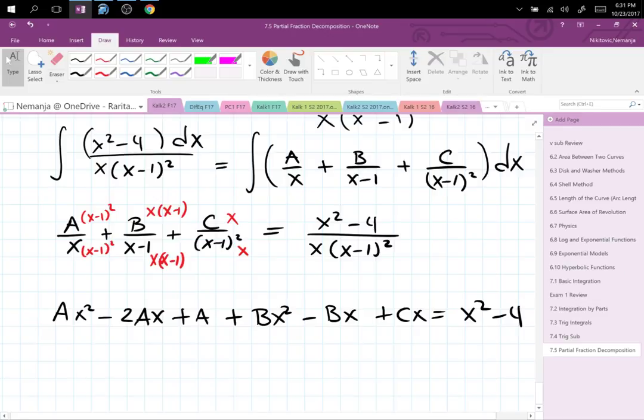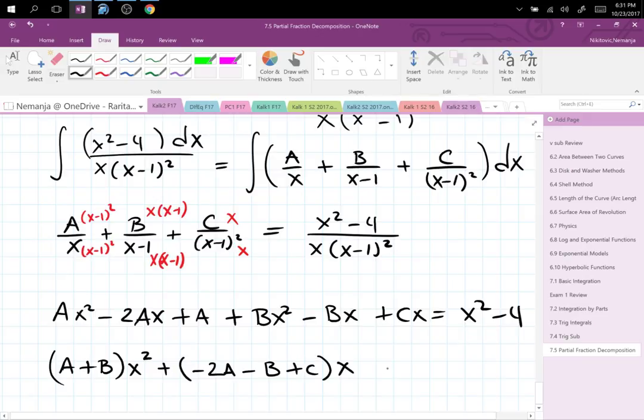So now we pull A plus B together because those are the coefficients of x squared. Plus, then we pile up all x coefficients, which is minus 2A minus B plus C times x. And finally we have plus A. Nice. x squared plus 0x minus 4.